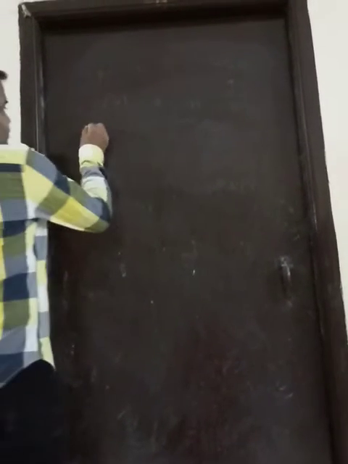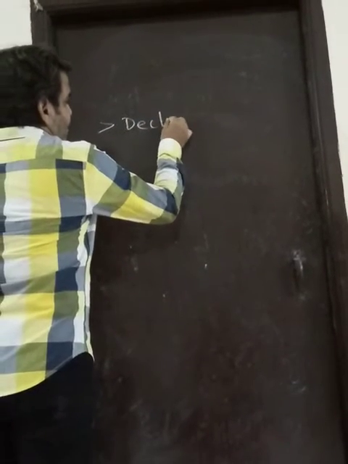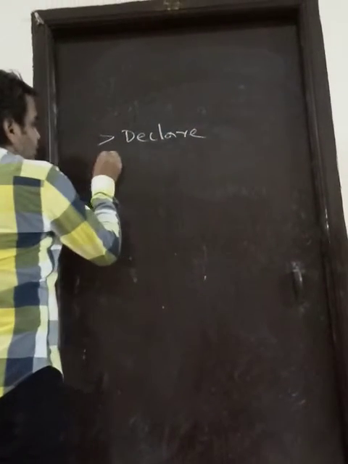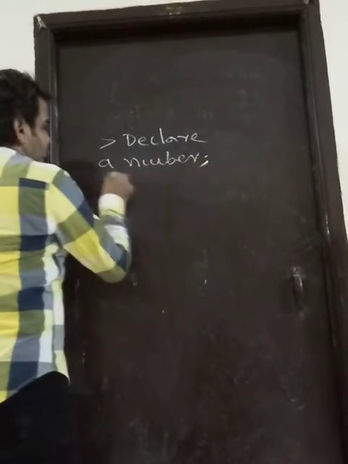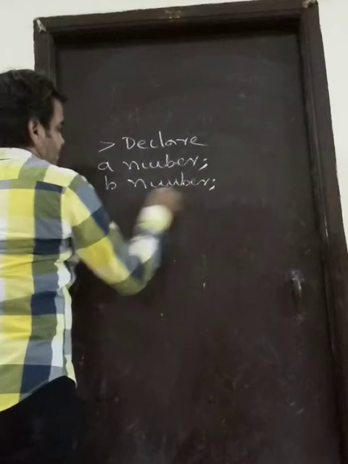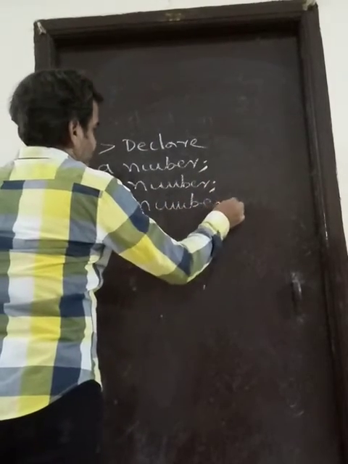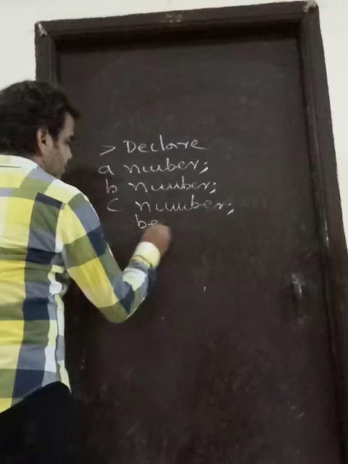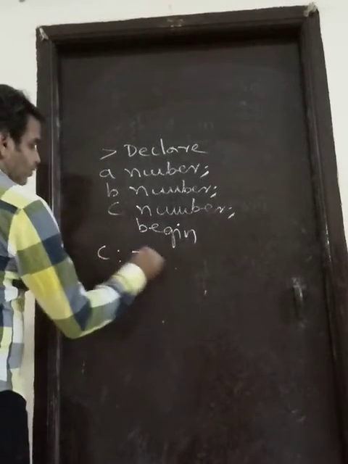So now declare A number, B number, C number, begin. C is equal to function name.